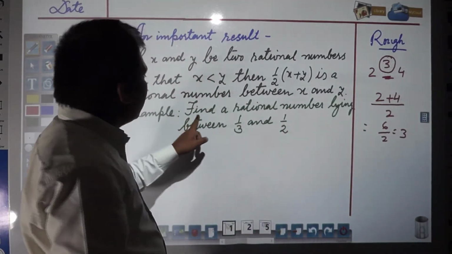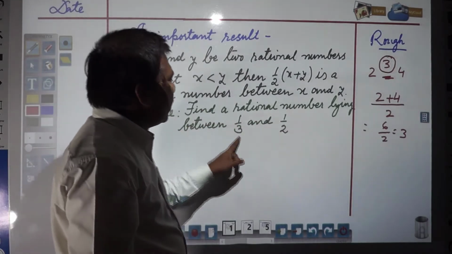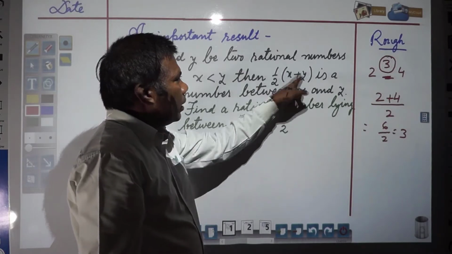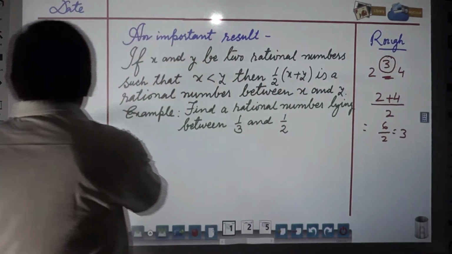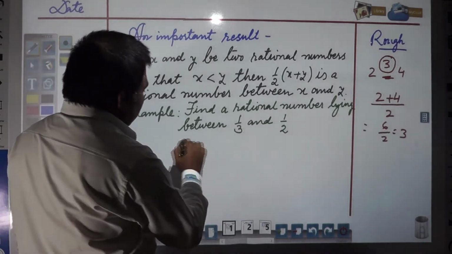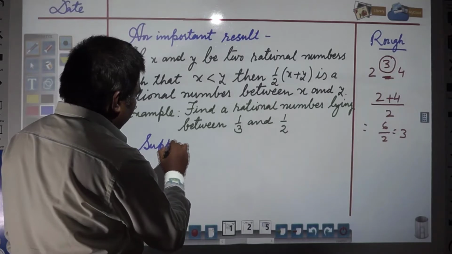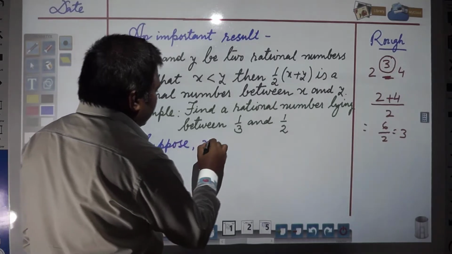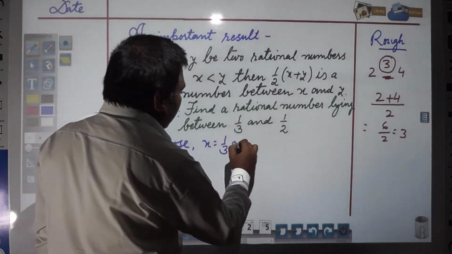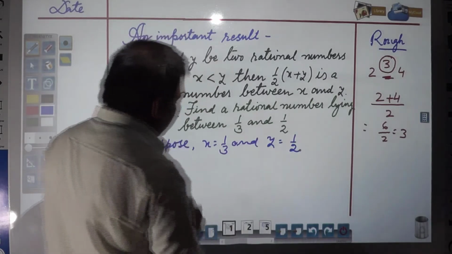Here you see one example has been given. Find the rational number lying between 1 by 3 and 1 by 2. The same method we will apply. Let's see how we will find it. Suppose x is equal to 1 by 3 and y is equal to 1 by 2.